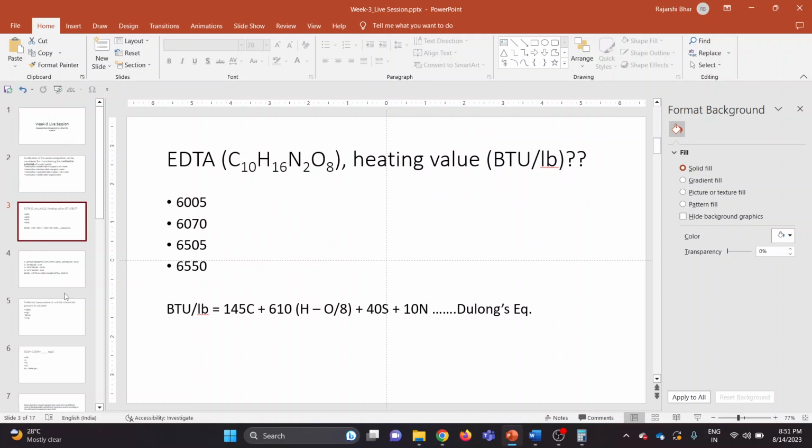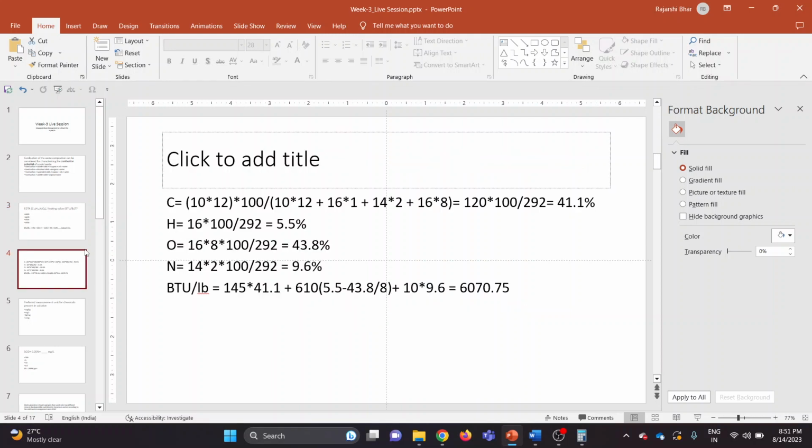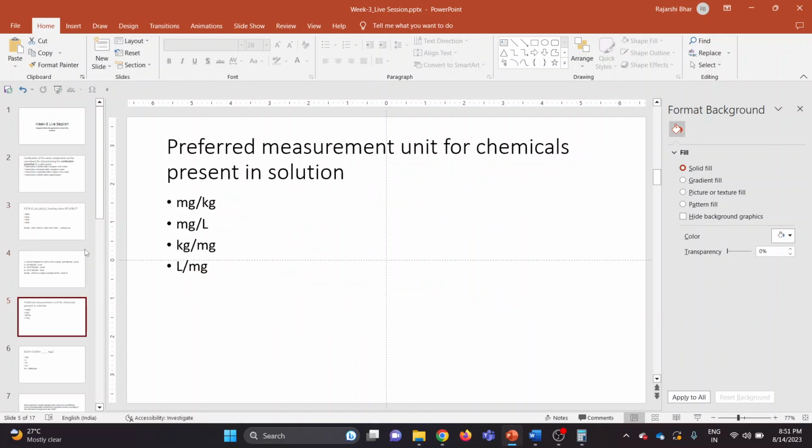Next question was calculating the heating value of EDTA whose chemical formula was given. You can calculate it in BTU per pound using the formula known as Dulong's equation, where C, H, S, N as well as O are filled in as percentages, like percentage of C, percentage of H, O, S and N. Here those calculations were done.